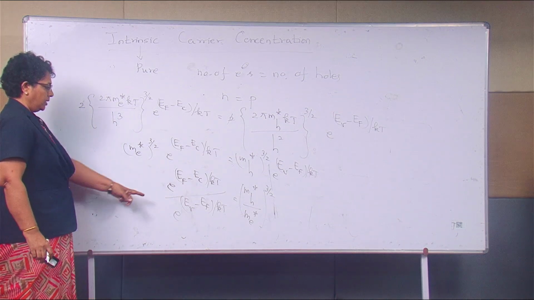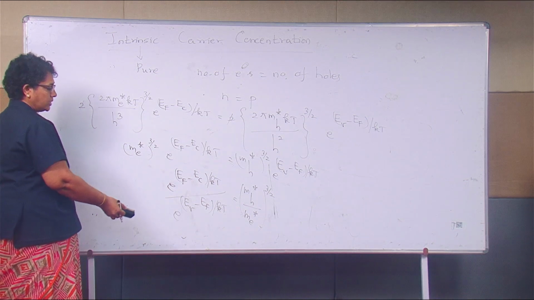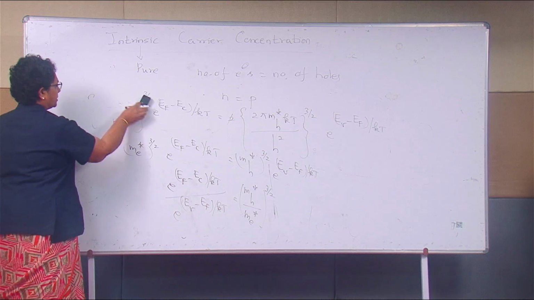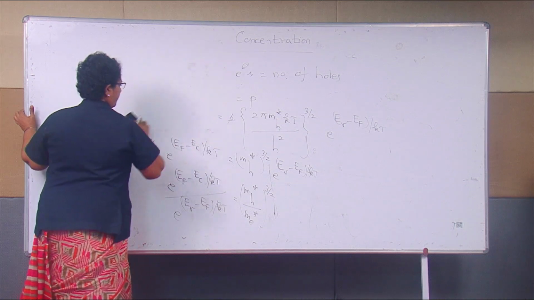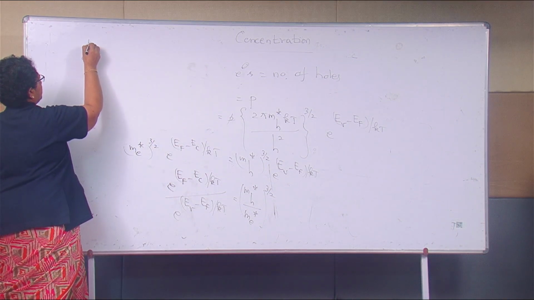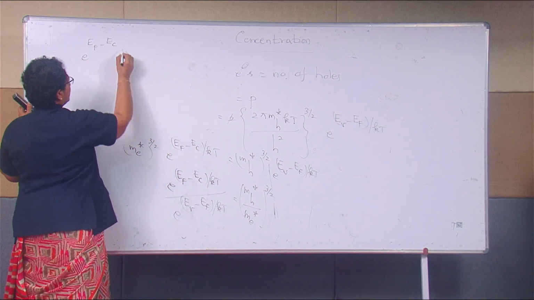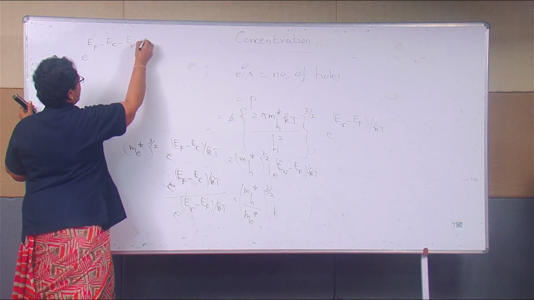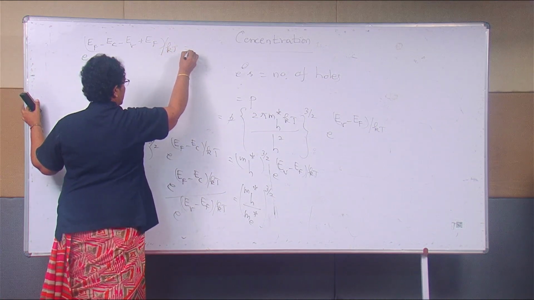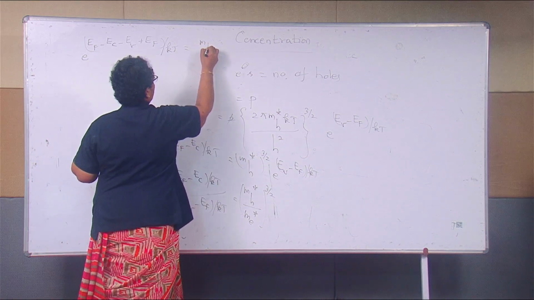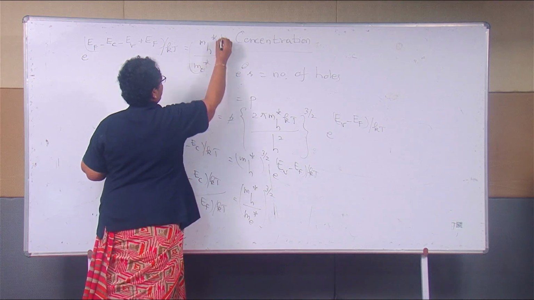Now you can take log on both sides, or before that you can bring the denominator to the numerator. So e to the power of (EF minus EC) when this is brought to the numerator, minus EV plus EF by KT, is equal to mh star by me star to the power 3 by 2.